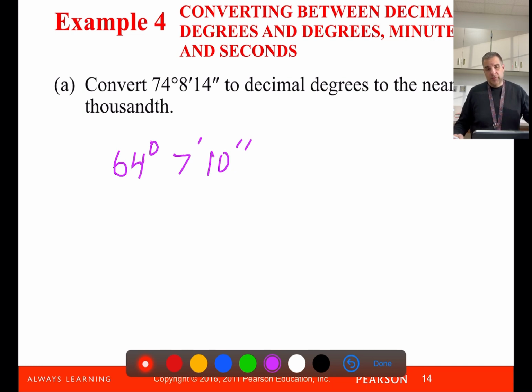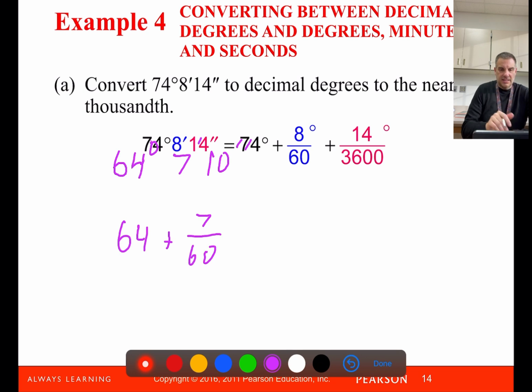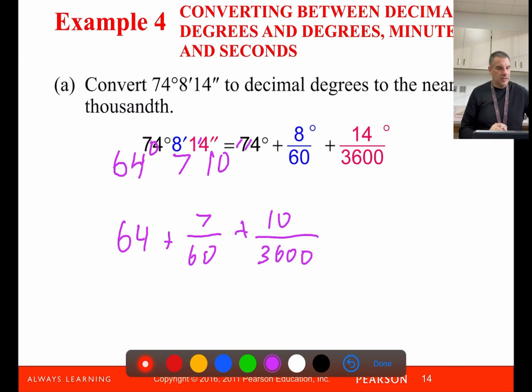Okay, so again, we've got to use our conversion there. We're going to leave the 64 degrees alone. We're going to add to that 7 over 60 plus 10 over 3,600. I'm going to break out the calculator.